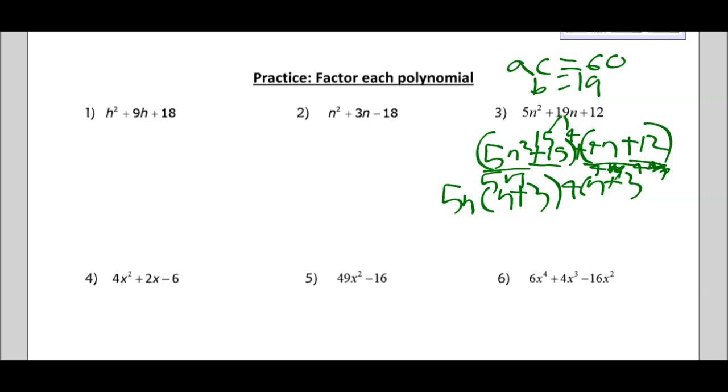And then you get the first term, the term in both parentheses, so it's n plus 3. And then the second one is the 2 GCFs, so it's 5n plus 4.